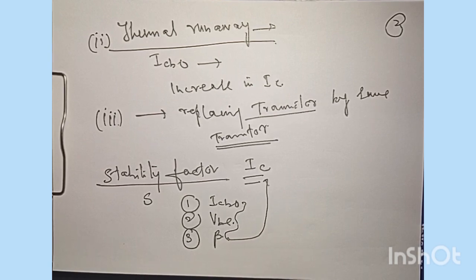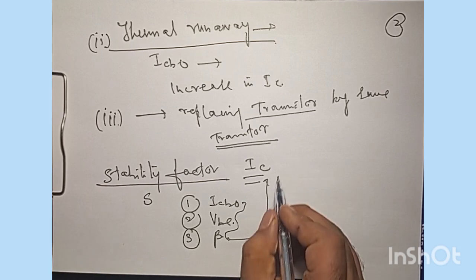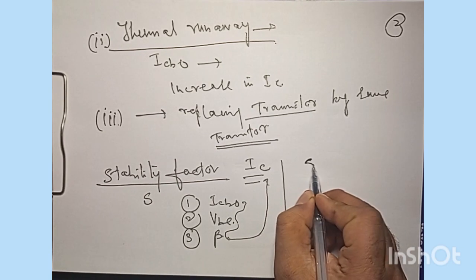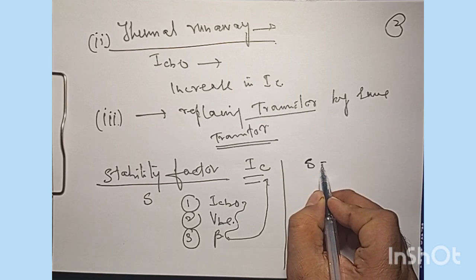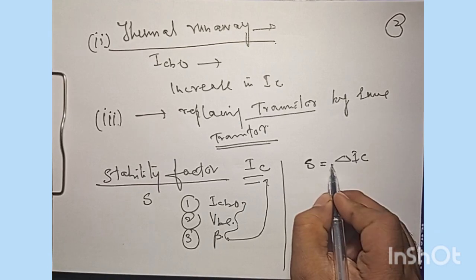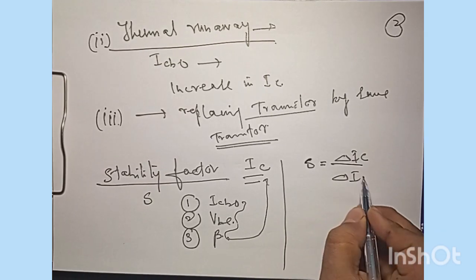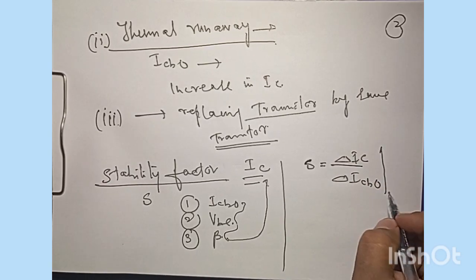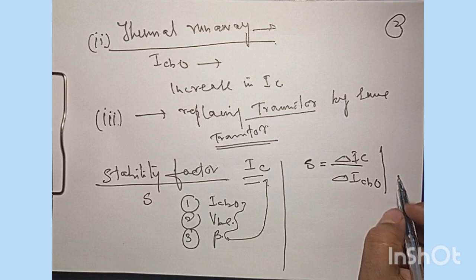So here is a need to define a factor, and that factor is called the stability factor. We can define this stability factor as, say, S, in terms of collector current, delta IC by delta ICBO at constant input voltage VB.